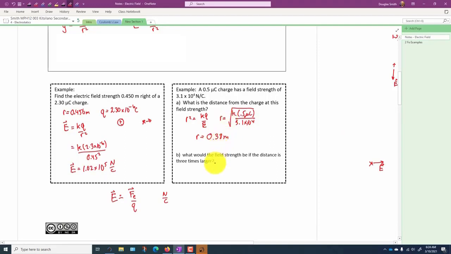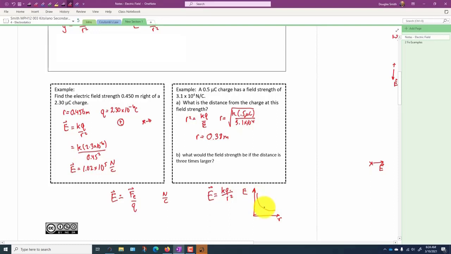What would be the field strength if the distance is 3 times larger? Well, this is another inverse square relationship. If you were to graph R versus E, you would get something like this. If R doubles, E goes down by 4.